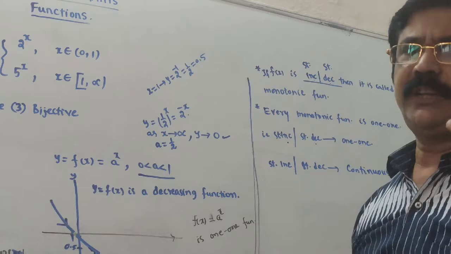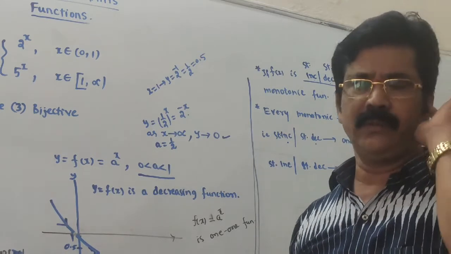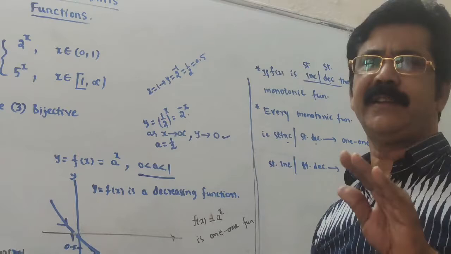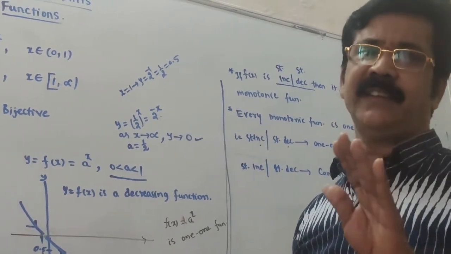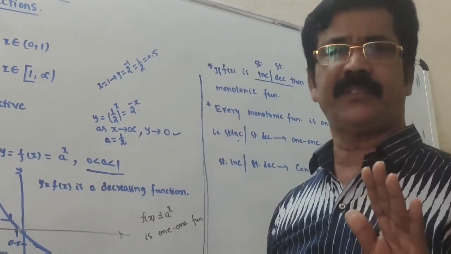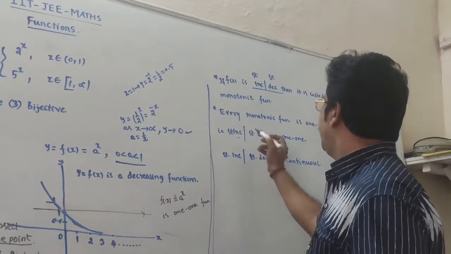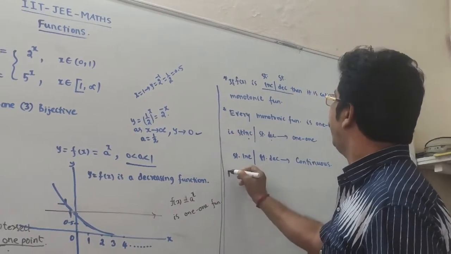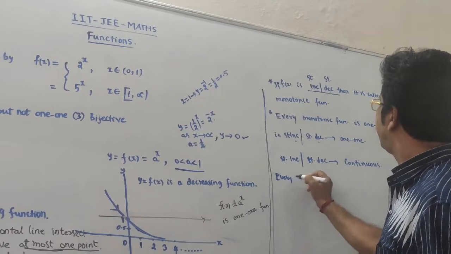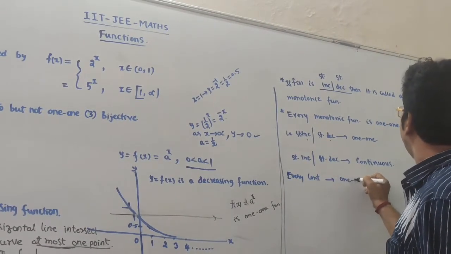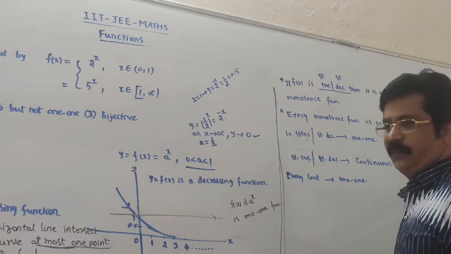So, a new word: continuous. Actually it is in calculus. Continuous means if f of x is strictly increasing or strictly decreasing, then it is called a continuous function. So in algebra, what we are telling is that every continuous function is a one-one function.